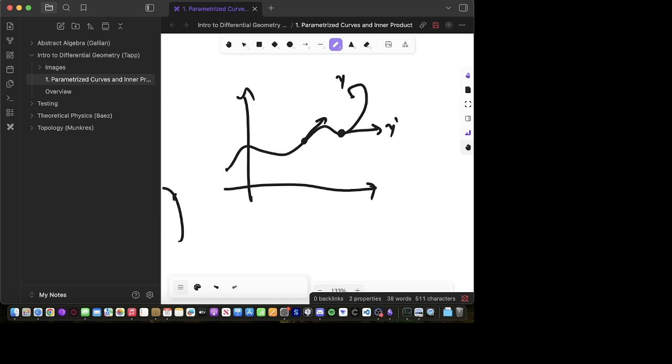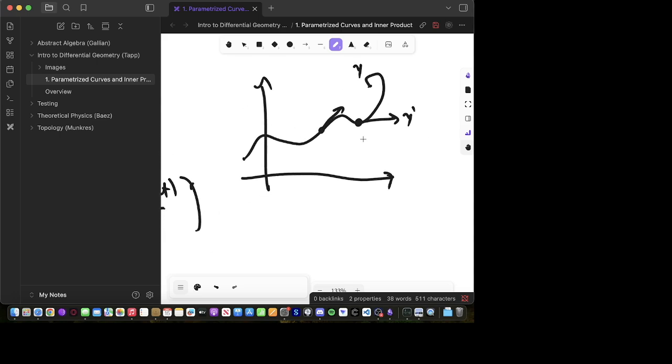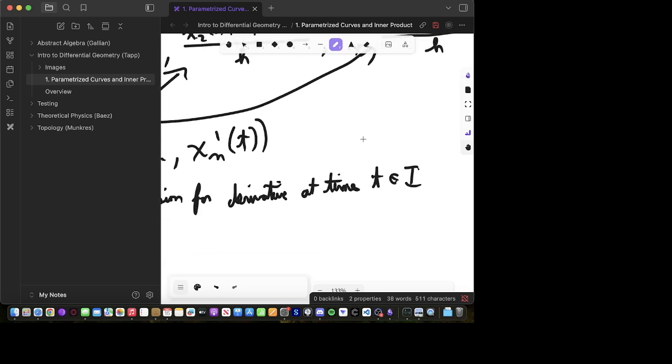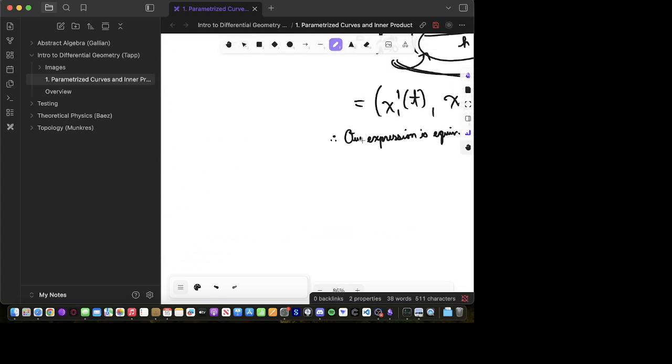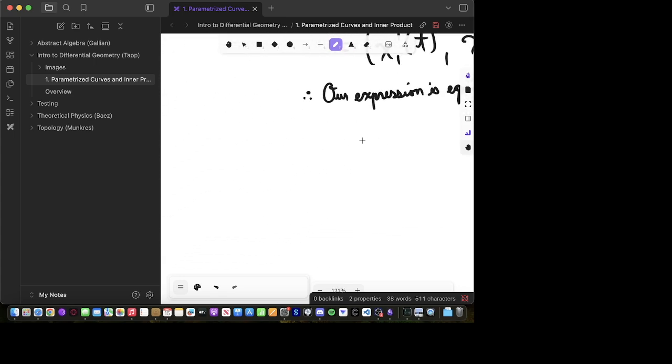But that's not all. The derivative has a specific magnitude based on the parameterization, which we call the speed. And the speed is basically what is called the norm of gamma prime.